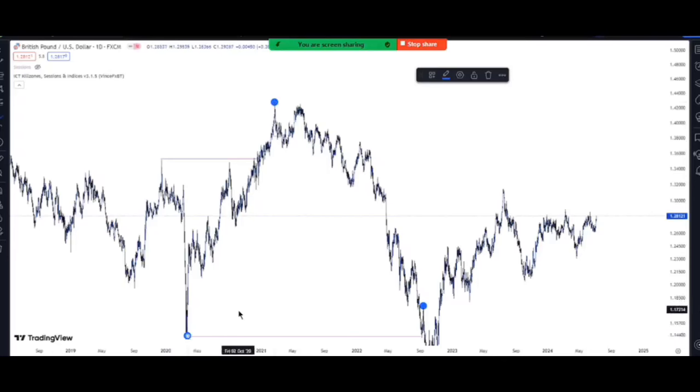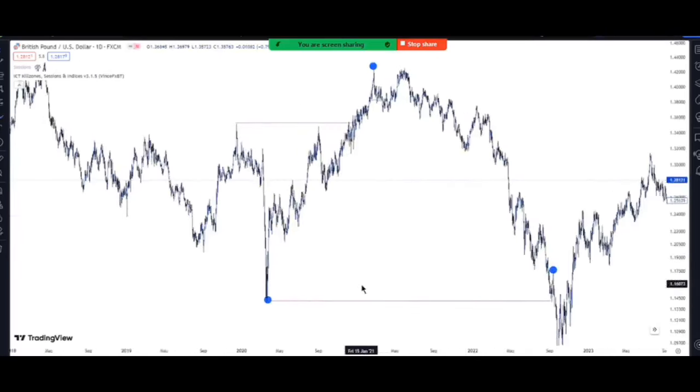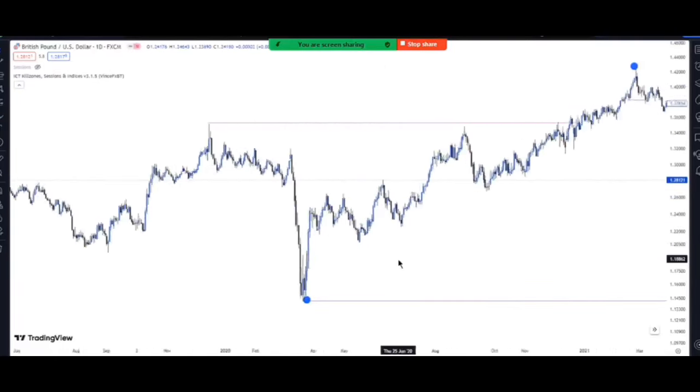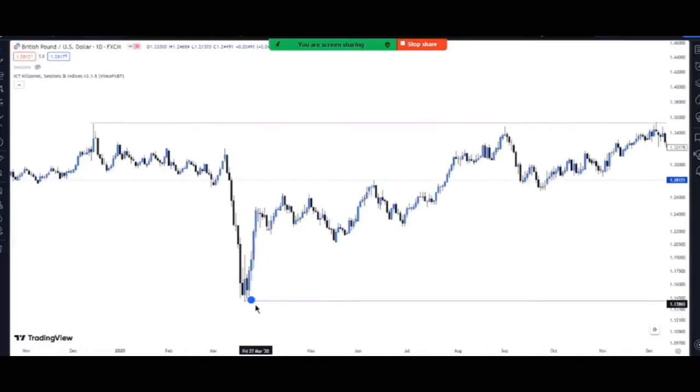This is our low there. All right? And so why is that a high and why is this a low? This is a low because it took out inducement initially. Let me go back so that you can understand. Where is the inducement to confirm this low?